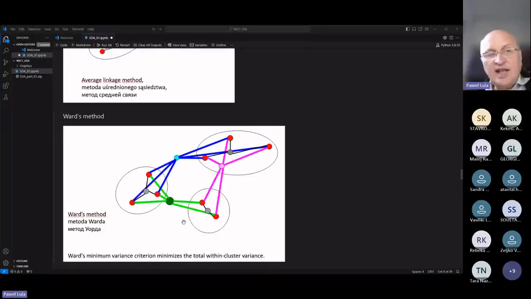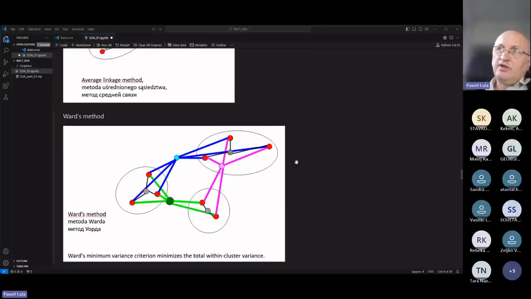How to select clusters which we should merge, which we should join. But the approach and the measure which is used here is different. In this approach, we use the information about the within cluster variance.